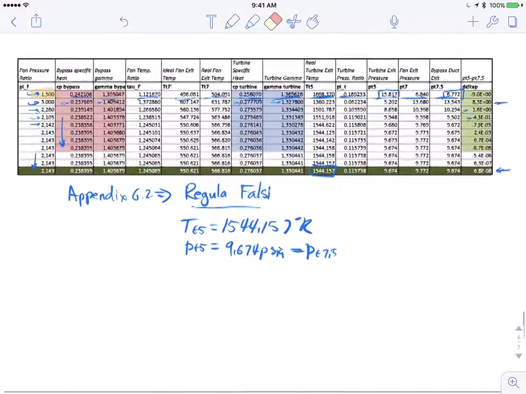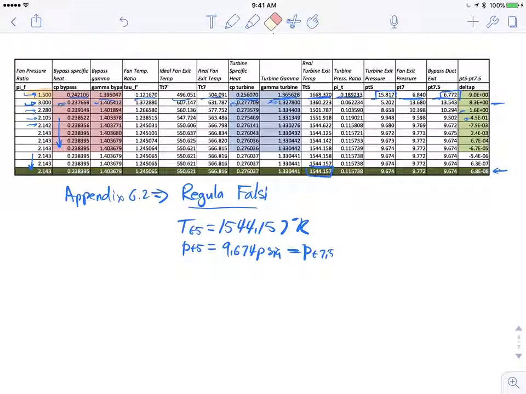So we're now ready to continue on through the core, or the bypass. I guess we should also put down TT7 is equal to 566.816 degrees Rankine. So that gets us through the fan and the turbine. We're ready for the mixer and the nozzle next.